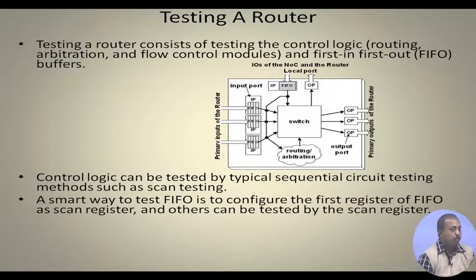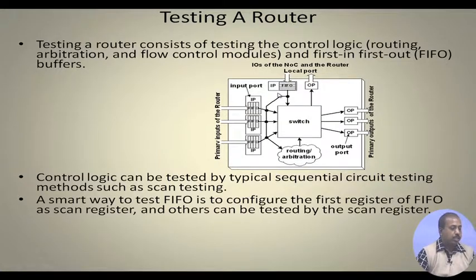Before going into this router testing part, we need to understand what a router looks like. A typical switch or router has a number of ports. It has primary inputs, input ports coming from different neighbors. In this case it is assumed that there are three input ports, global input ports, and one local port.